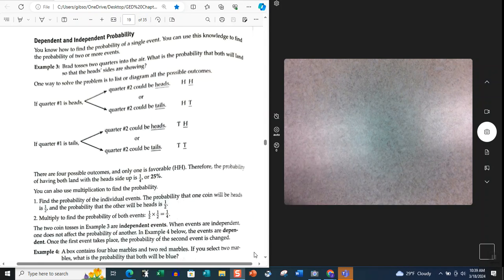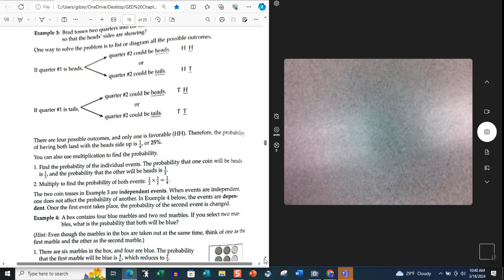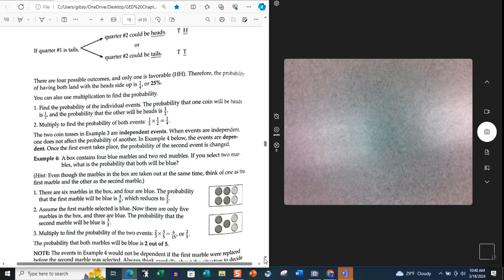So we have the possibility of 2 heads or a head and a tail. If quarter number 1 is tails, quarter number 2 could be head, and quarter number 2 could be tails. So we could have tail, head, tail, tail. There are 4 possible outcomes, and only one is favorable, head, head.